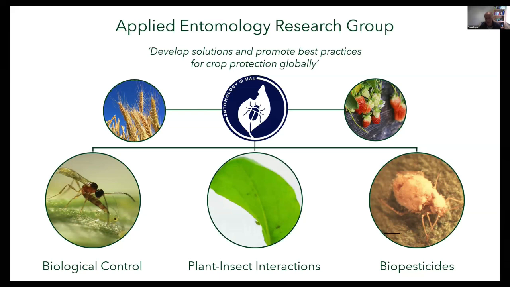And an increasing area of interest in modern agricultural systems is the replacement of those synthetic pesticides with biological solutions, particularly biopesticides, which are typically based on microbial as well as natural plant extracts, and using those in place of those synthetic products that we've previously relied on in agricultural systems.